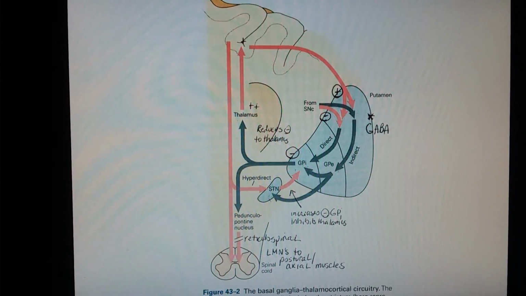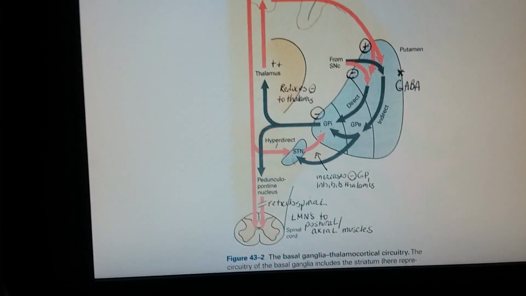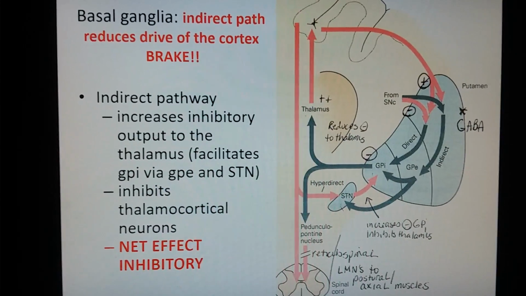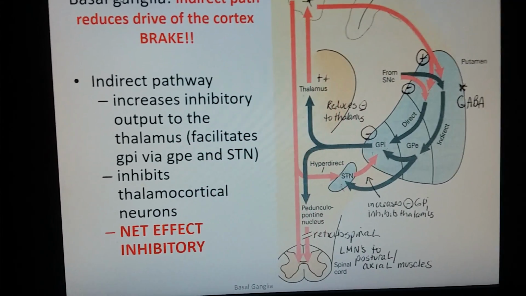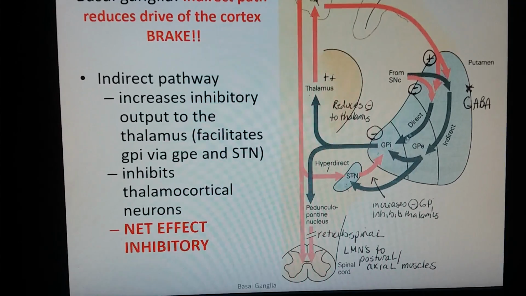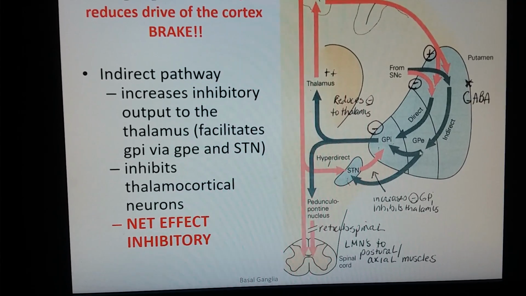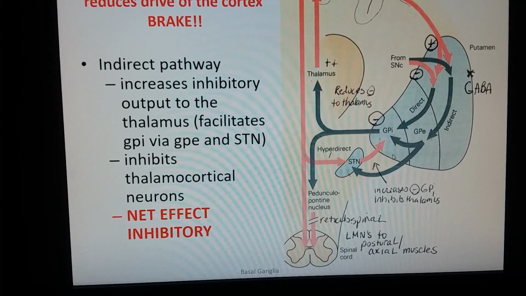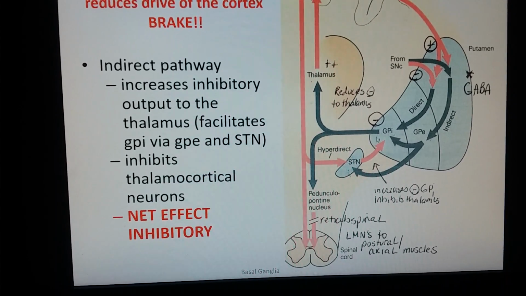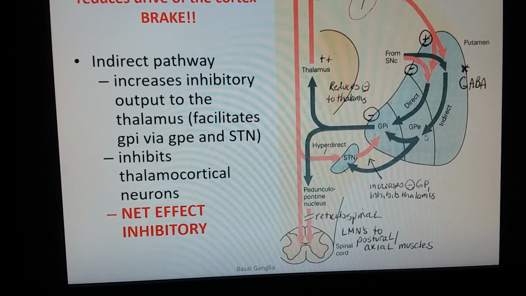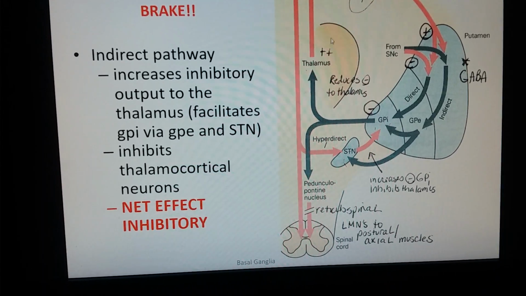If we take a look at the indirect loop, that takes an additional step. So it goes from the putamen to the GPe to the GPi, and we're going to disregard all this down here for a minute. Indirect, GPe, GPi, thalamus, and up.